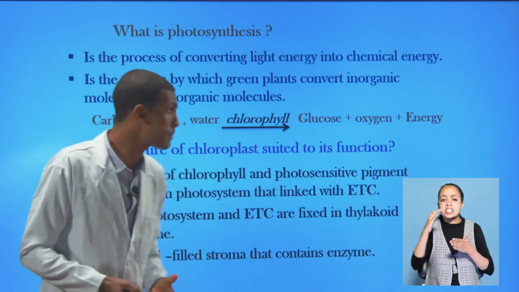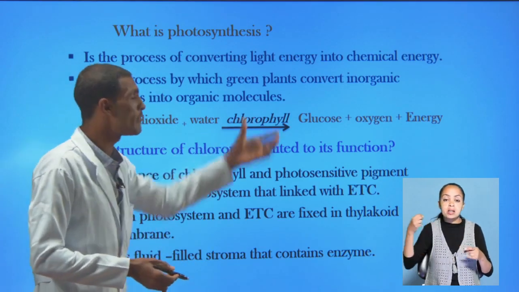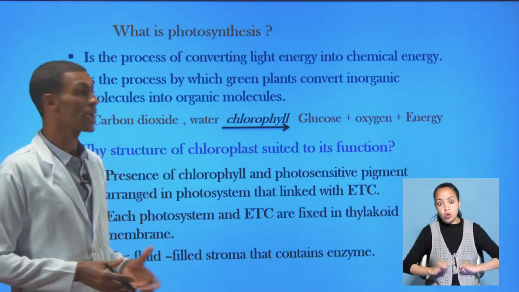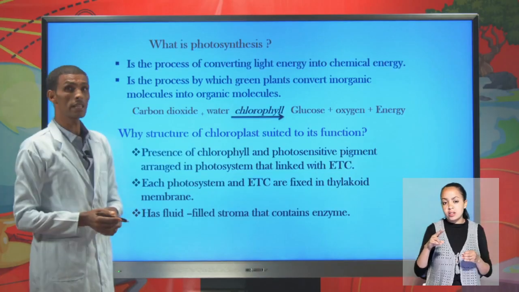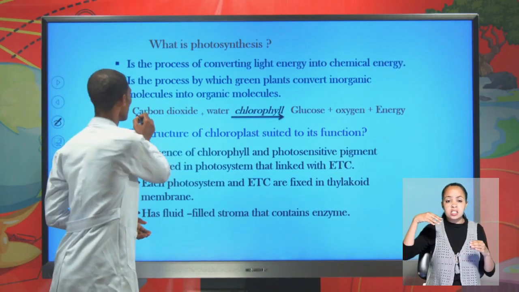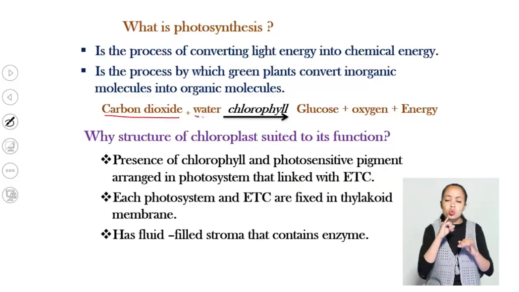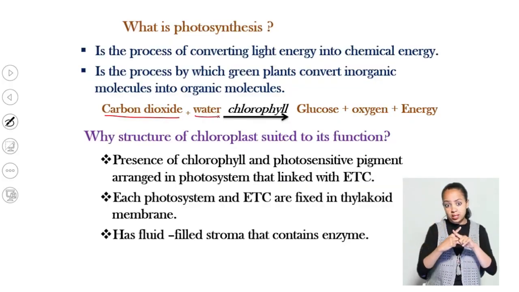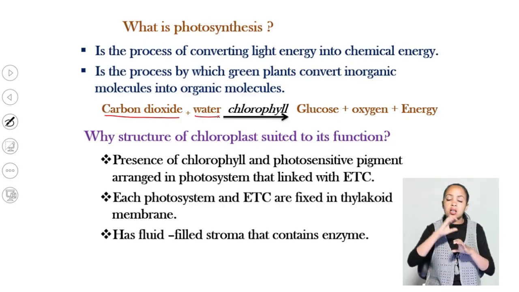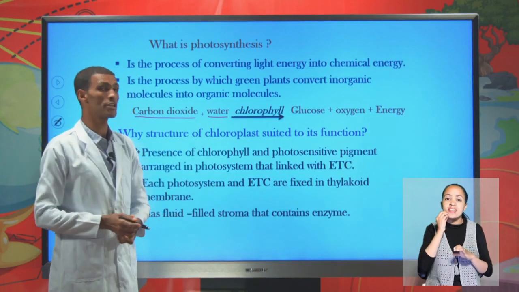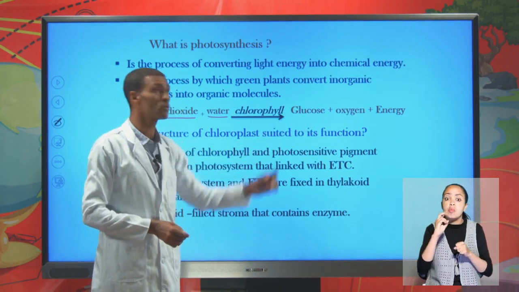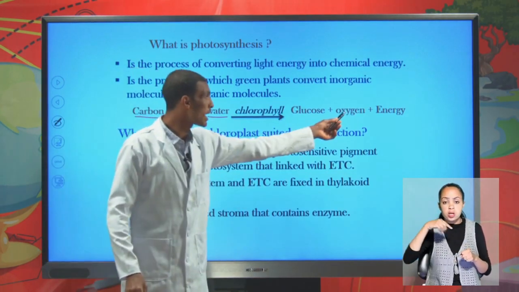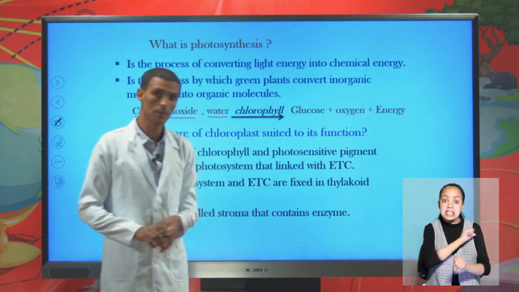It is a process by which green plants convert inorganic molecules into organic molecules, including carbohydrate. Photosynthesis involves the combination of two inorganic molecules, water and carbon dioxide, plus plant chlorophyll, which join together to form carbohydrate, specifically glucose, a hexose carbohydrate, plus oxygen, plus energy.